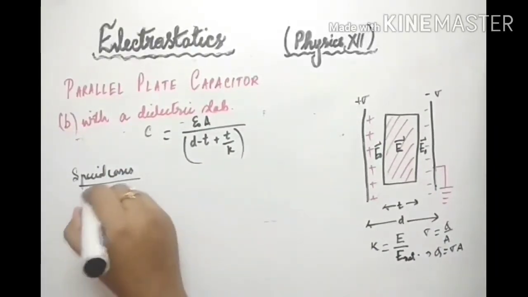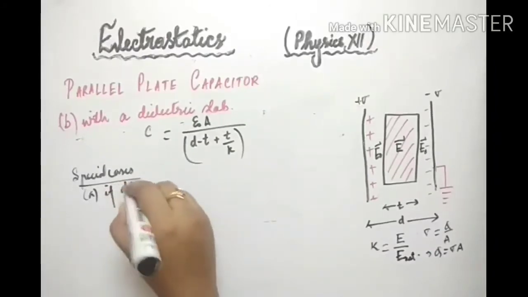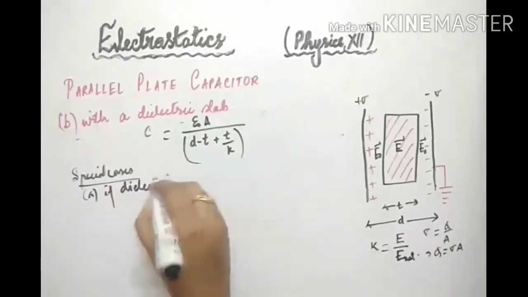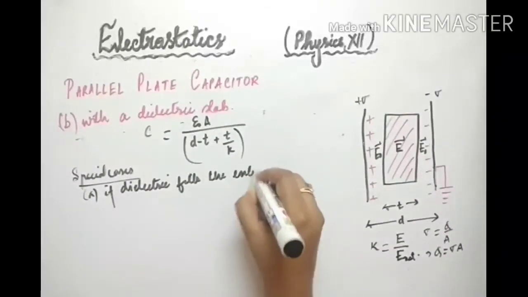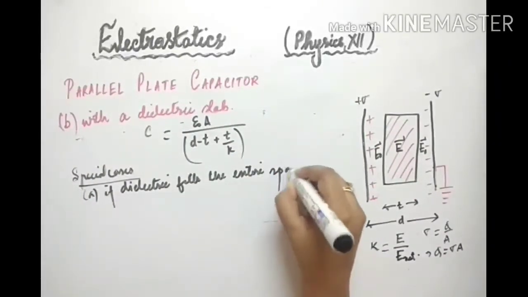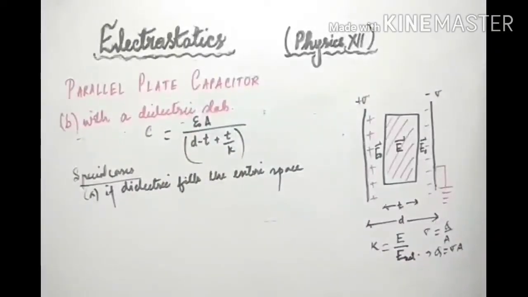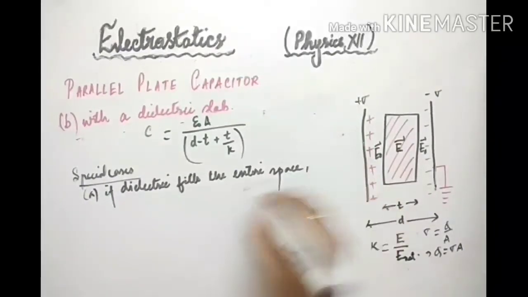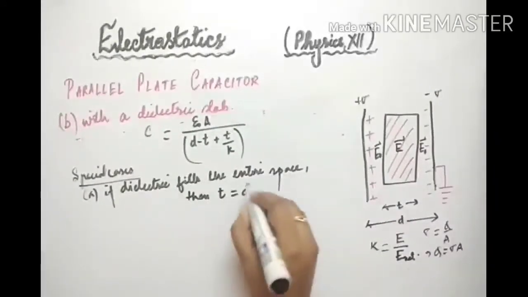So number one, if the dielectric fills the entire space. If this substance fills up the total space in between the plates, then what will happen? Then we can write t equals d.